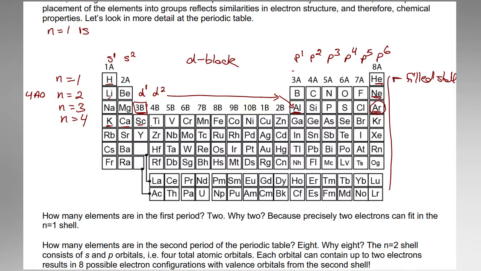Now, it's worth noticing that this first D block period is in period 4, but the atomic orbitals that are occupied by these elements are actually the 3D atomic orbitals, not the 4D, because the 3D is higher in energy than the 4s.